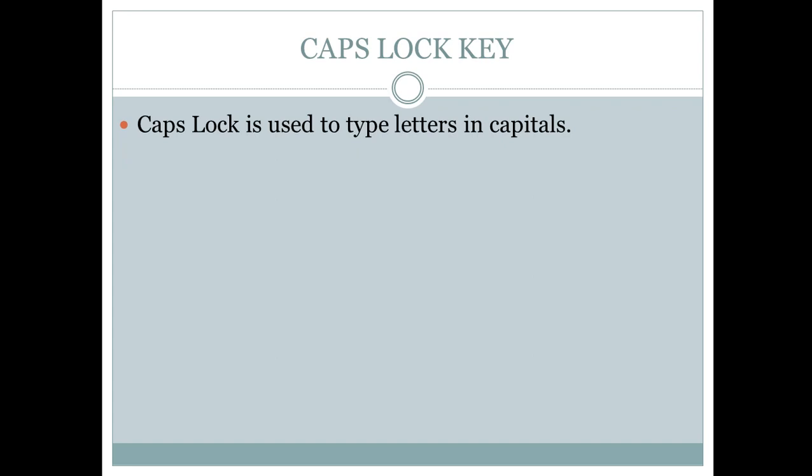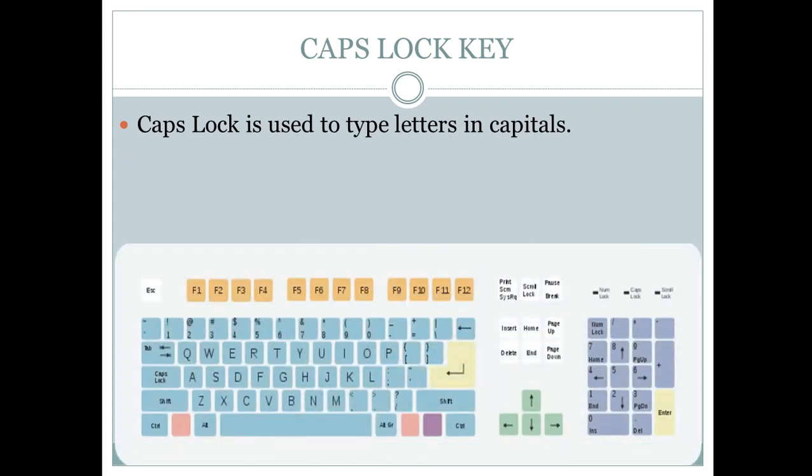But if we want to type letters in capital, or the big letters, then we have to use the caps lock key of the keyboard. On the keyboard, at this location, this is the caps lock key. Using this key we can type letters in capital.